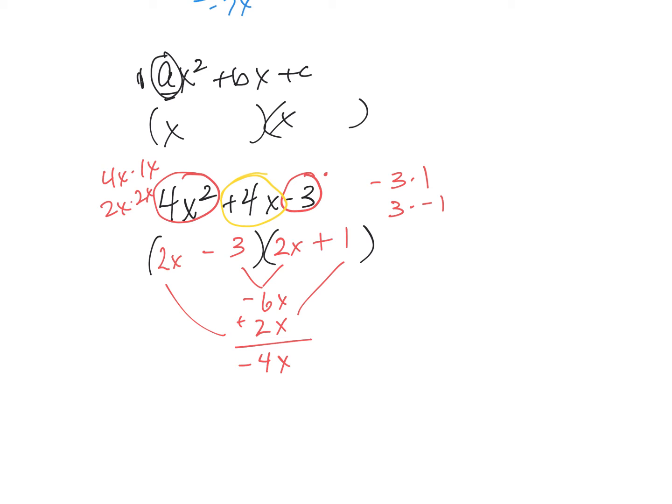Hopefully you said we're going to change our signs. This is going to be a positive 3 and this is going to be a negative 1. So if I multiply from here to here, this becomes a positive 6, and multiply from the outside, this becomes a negative 2. Add these together and I get a positive 4, and that is my answer.